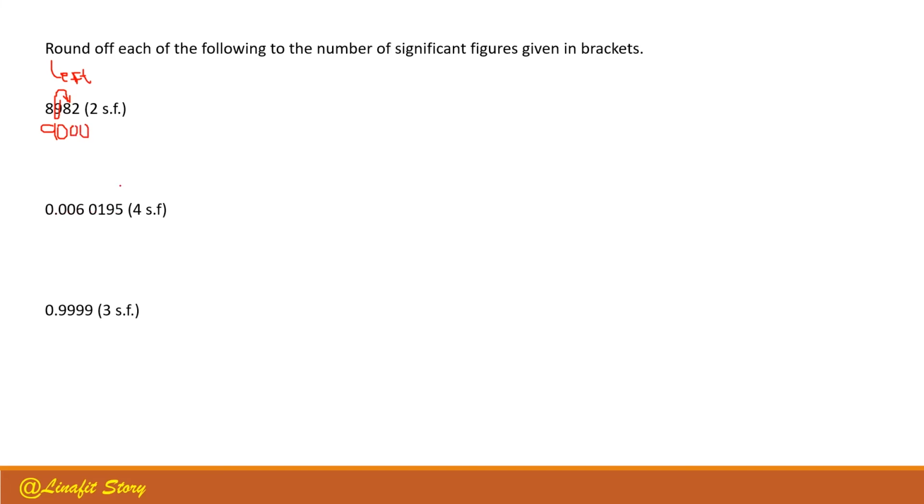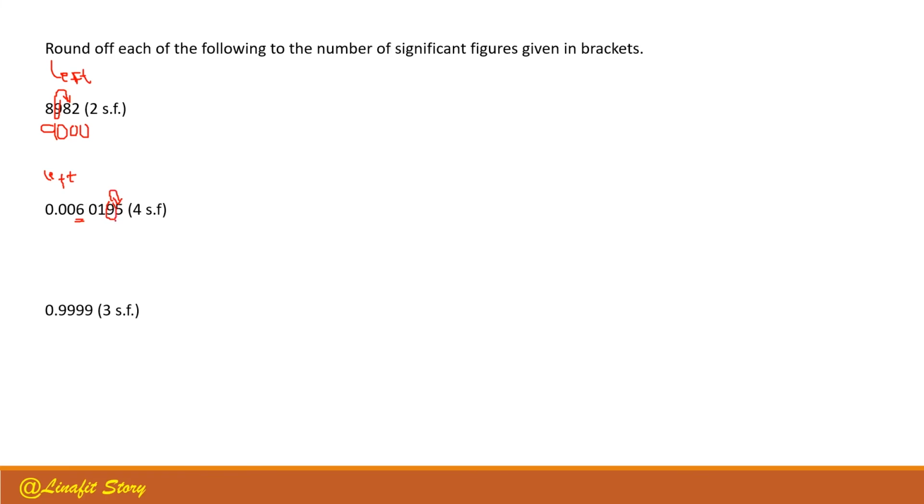Next, 0.0060195 to four significant figures. First, you must identify the significant figures starting from the left. Four significant figures. 1, 2, 3, 4. So start from here. This is wrong. Why? Remember the third rule. In a decimal, all zeros before a non-zero digit are not significant. So you may start from the left. 1, 2, 3, 4. Then check the next digit on its right. 5.